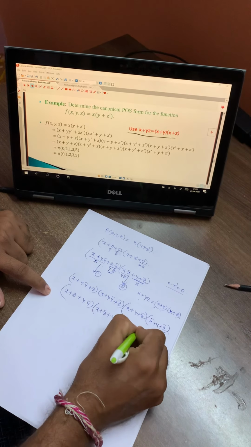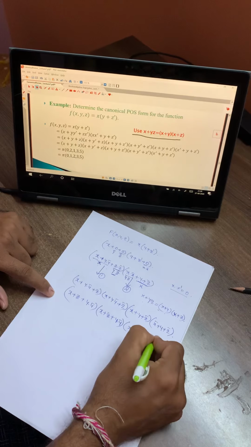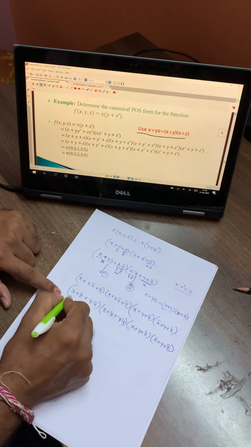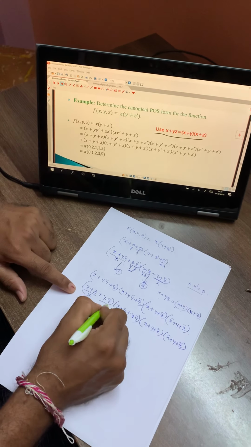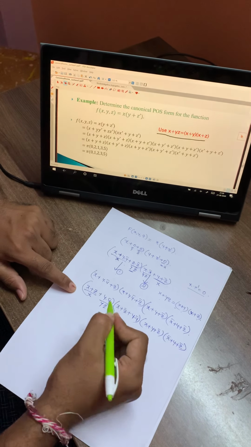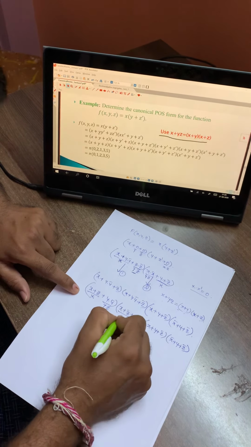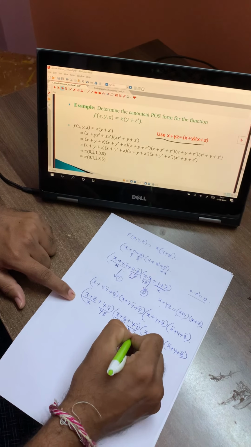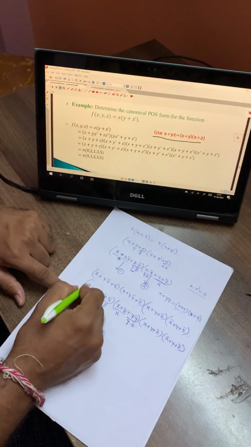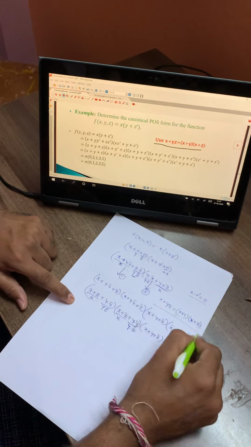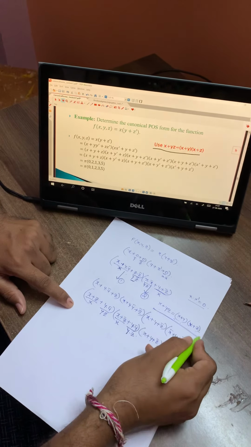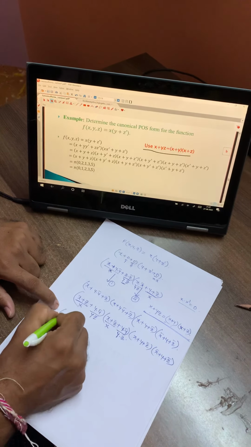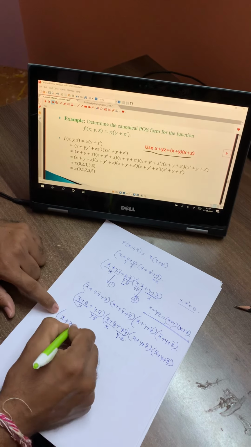Repeat the same thing. Again assume this as capital X, this as capital Y, and capital Z. Similarly, assume this as capital X, this as capital Y, capital Z. Again use the principle x plus yz is equal to x plus y into x plus z.